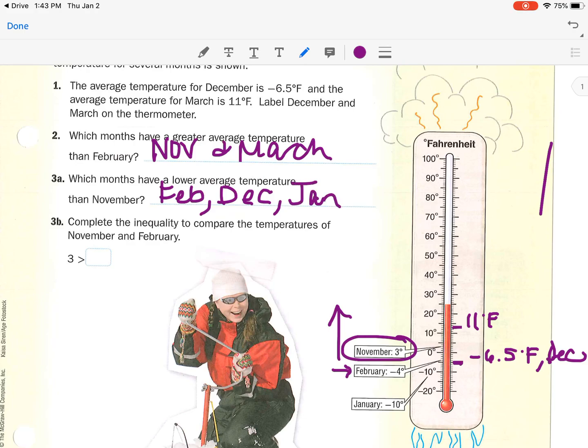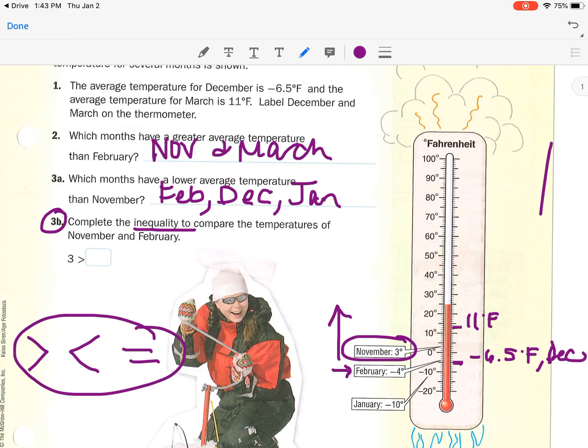It says complete the inequality to compare the temperatures of November and February. Now let's talk about this. An inequality is using greater than, less than, or equal to. Those are called inequalities. So when we're talking about an inequality, we're using one of those signs, greater than, less than, or equal to.